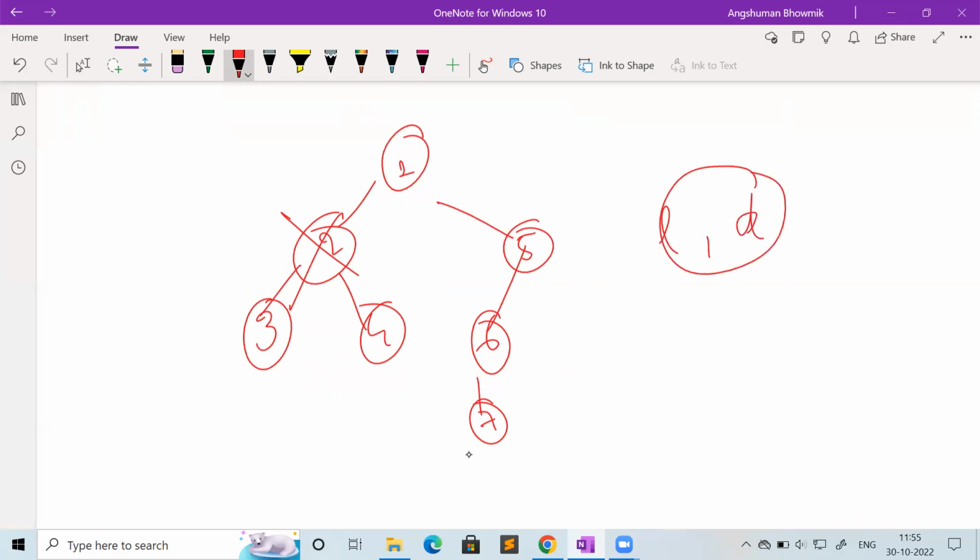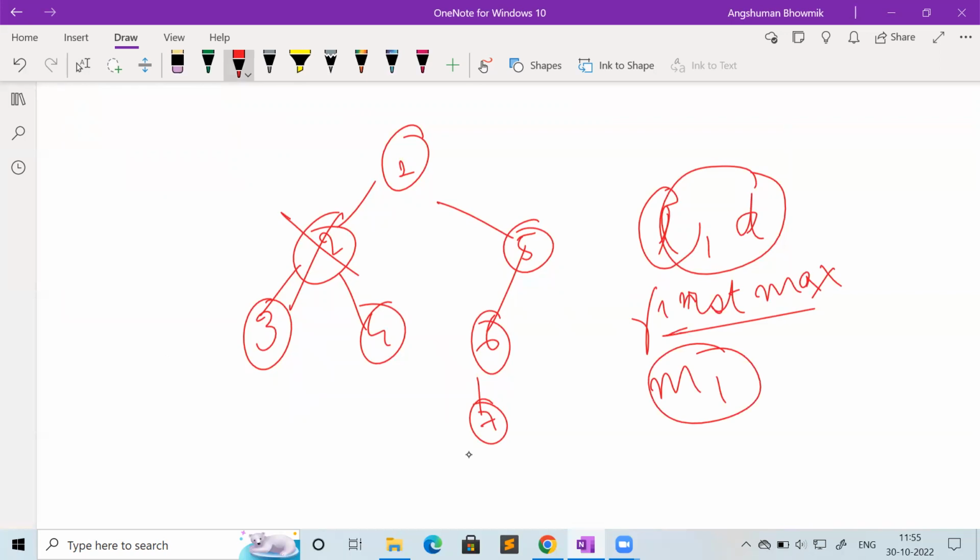Now that we know that a node having a level L and depth D has been removed, let's find out whether this node was contributing to the height of the tree. How we can check is, we find out what is the first maximum depth at a level L. If it is, let's say, M1, and if this M1 is equal to depth, then let's understand when will 2 be contributing to the height of the tree.